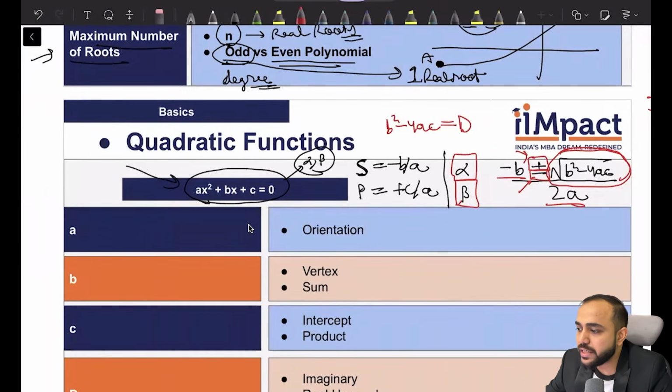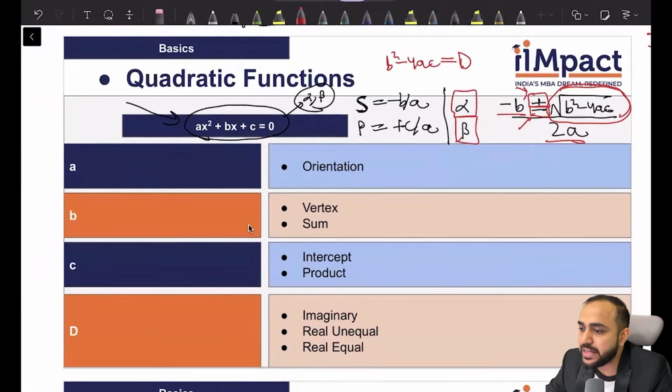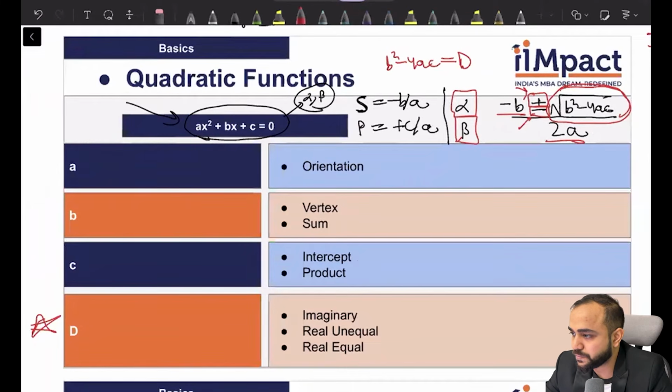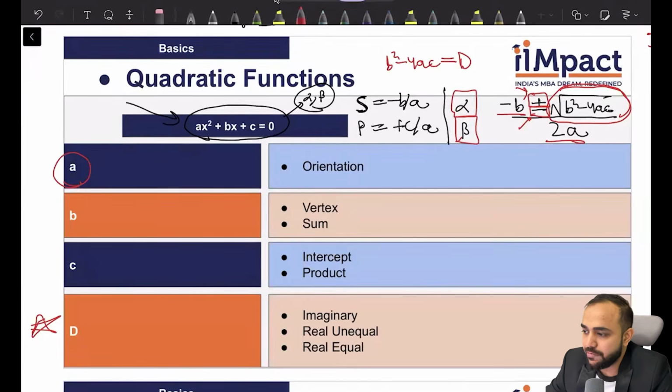Now we will quickly discuss what these A, B, C, and D mean for us. I have already established, hopefully, that capital D, the discriminant itself, is going to be the most important part of this entire discussion. The second most important is going to be your A, because the value of A decides the orientation of your quadratic graph.